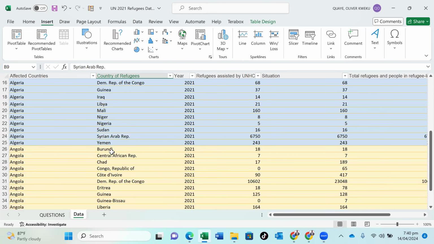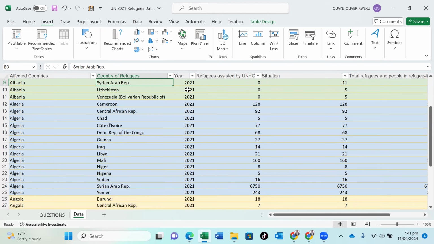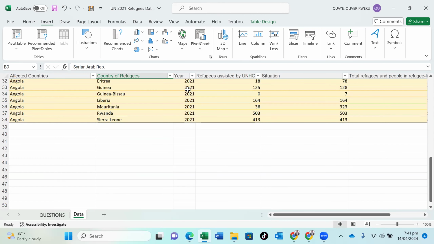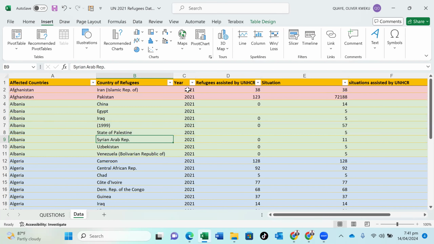It follows. The third column is the year, meaning that all this data was gathered in just 2021, or this incident happened in 2021. The next column is refugees assisted by the United Nations High Commissioner for Refugees.